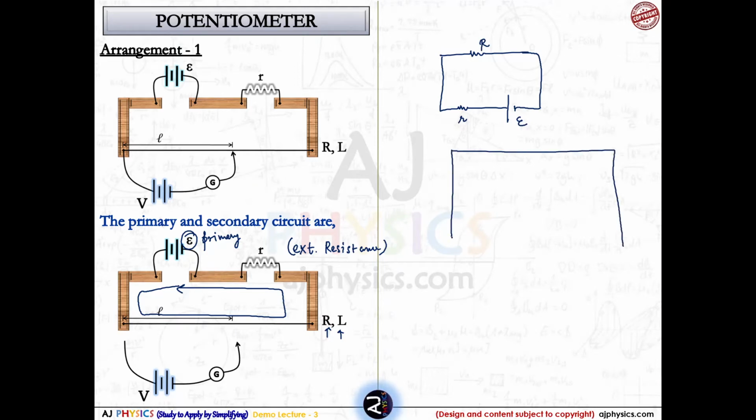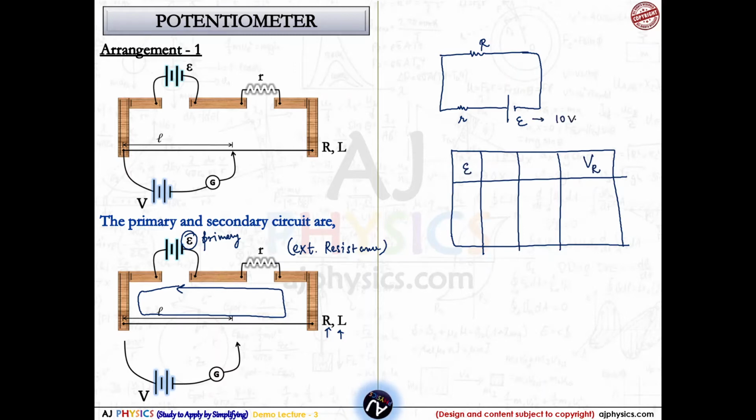I suggest everybody do this and try to make at least 5 readings. Then you will actually get to know what exactly I'm telling you. Keep the EMF of the battery fixed at 10 volts, so it will be 10 throughout all 5 readings.